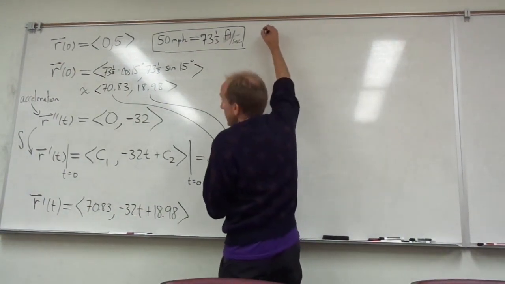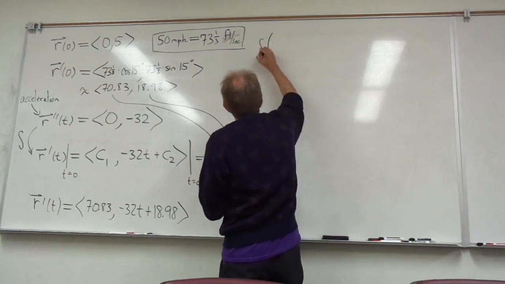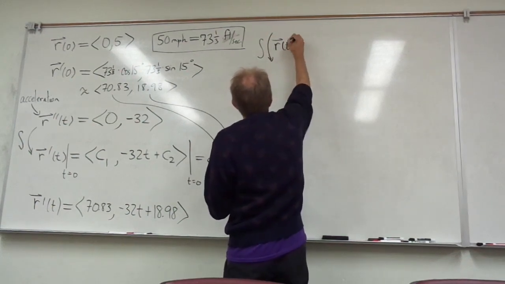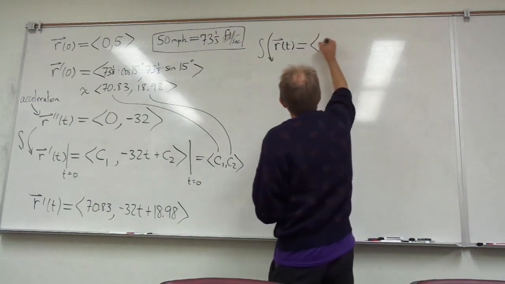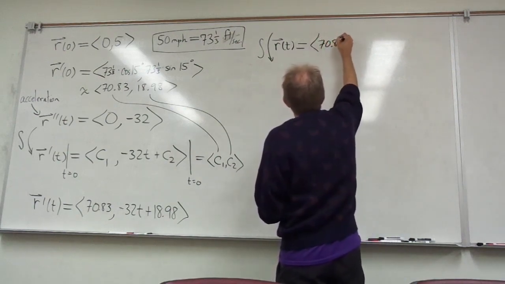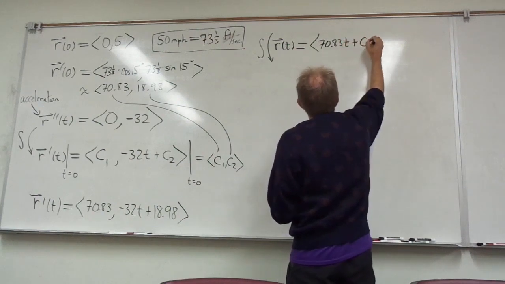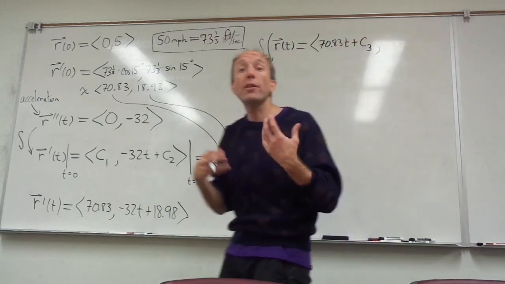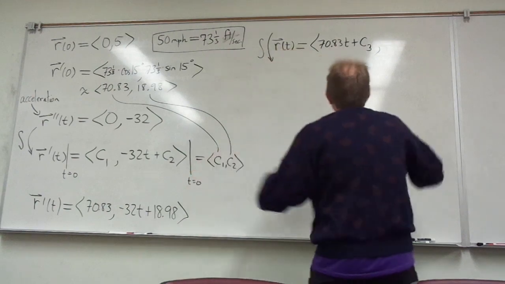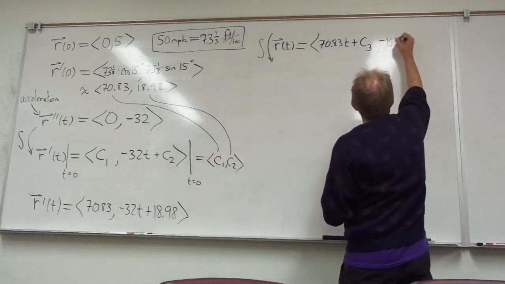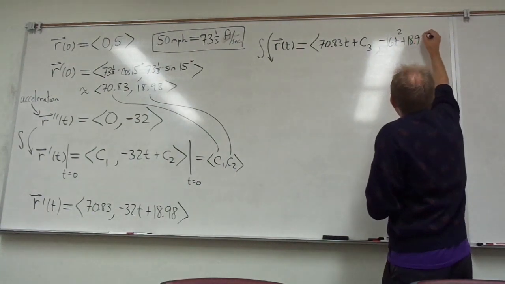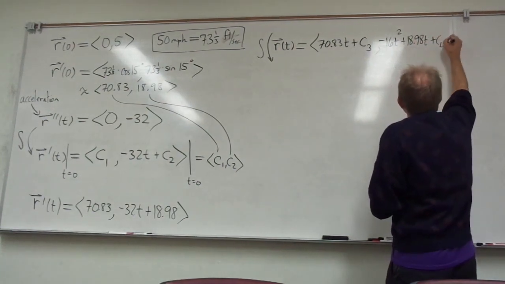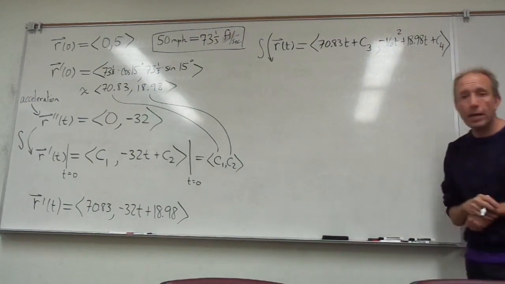To get r of t, I'm going to do another integral. I'm going to integrate the velocity function that I just came up with. That's going to give me 70.83t plus what I'll call c3, another constant of integration. And then the second component, negative 16t squared plus 18.98t plus c4.